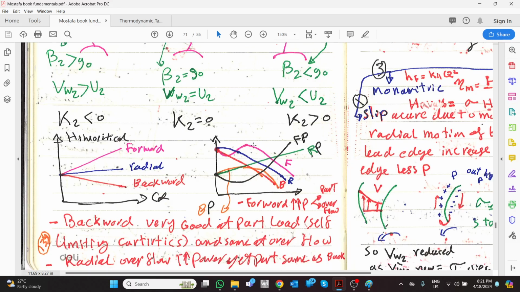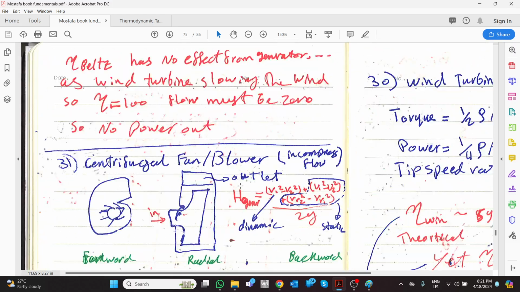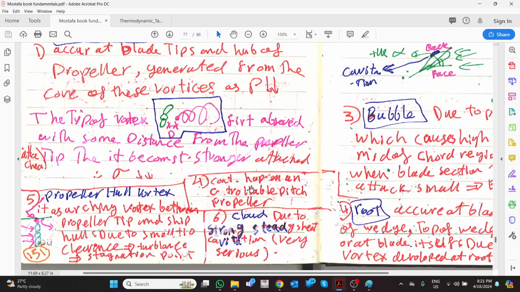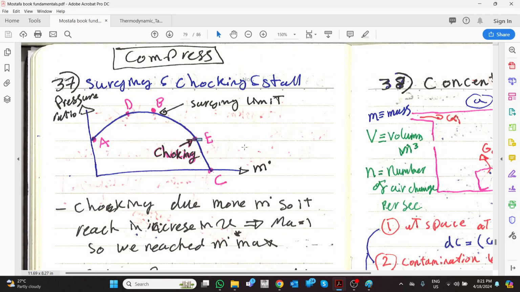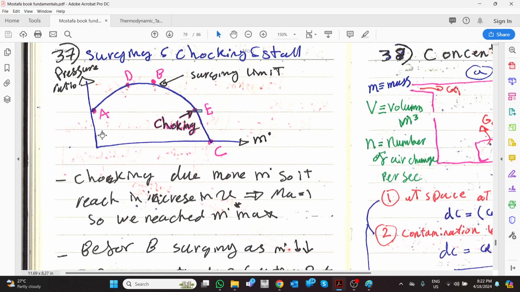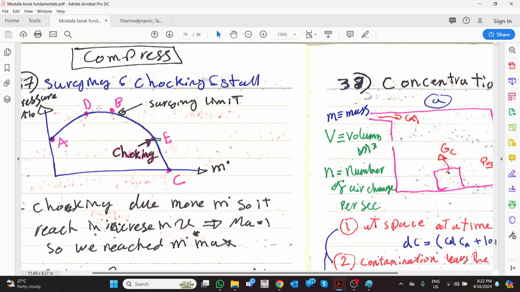Why? It is almost the same concept, but it is far more severe in the compressor, or in the fans, not in the pump, of course. Because see, if your operating point is here, it is okay. But what will happen if you change the operating point left or right for any reason?